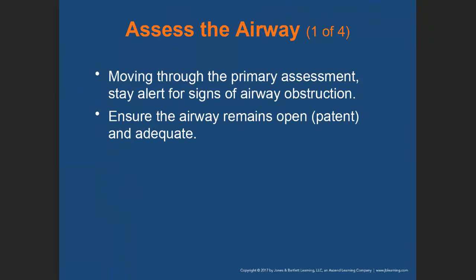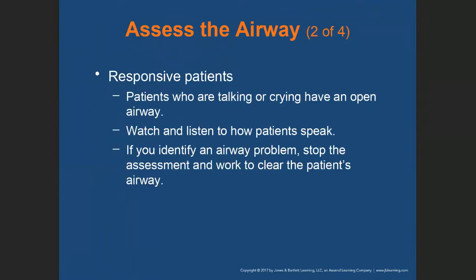Moving through the primary assessment, stay alert for signs of airway obstruction. Ensure that the airway remains open or patent and adequate. Responsive patients, patients who are talking or crying, have an open airway. Watch and listen to how the patients speak. If you identify any airway problem, stop the assessment and work to clear the patient's airway. If a patient is talking to you, don't tell me you go position the patient's airway.